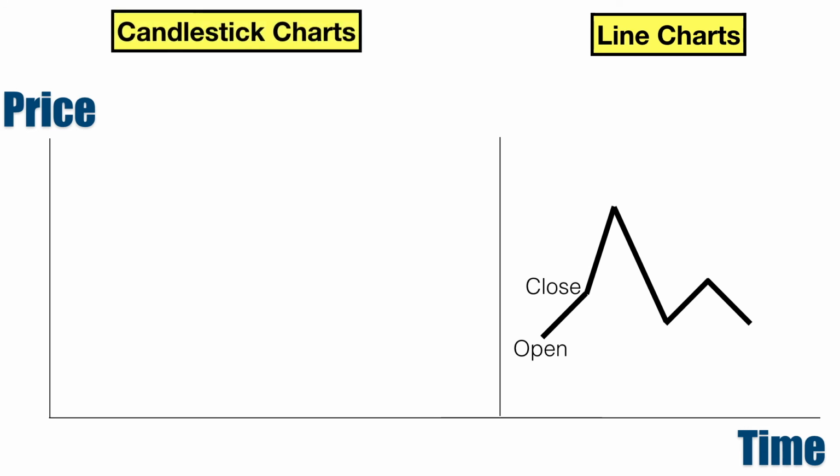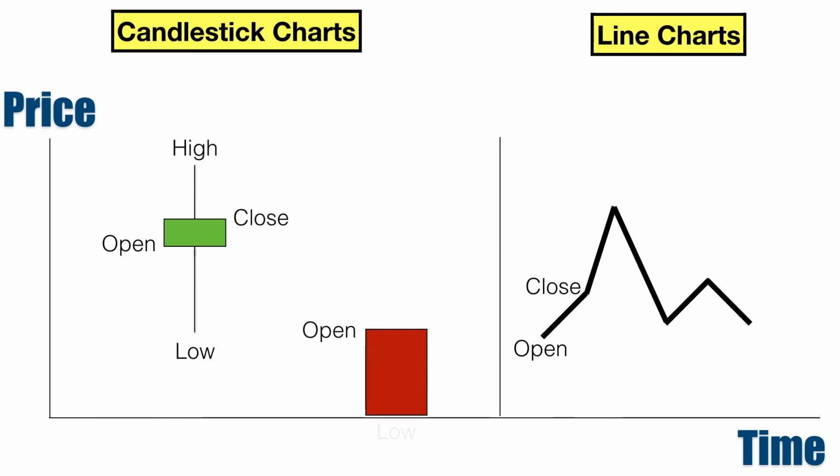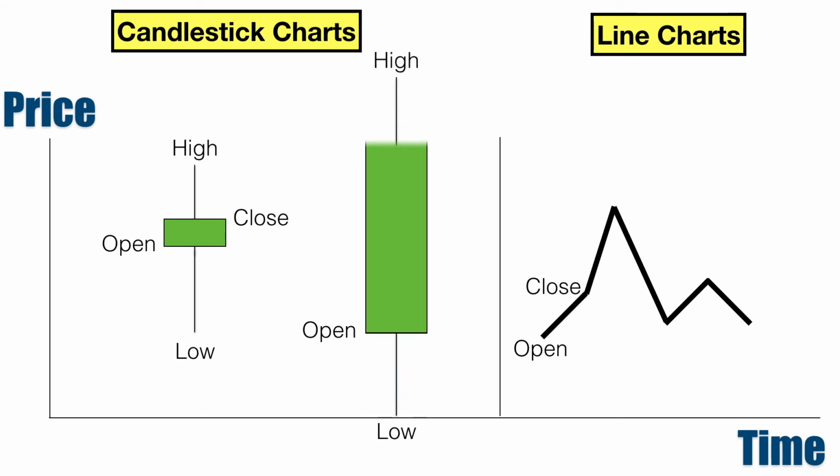Candlesticks provide more information. They begin with the opening price of a time period and they form as price moves throughout the time period. At the end of the time period, they leave an imprint depicting the open, the high, the low, and the close prices within that time period.